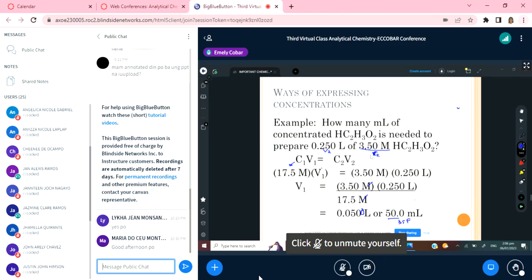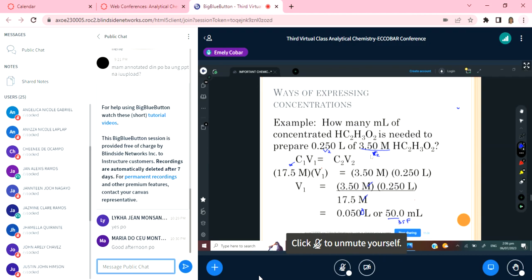0.0500. May zero pa ha? Liter. Okay? Bakit may zero pa? Kasi three significant figures, 1, 2, 3, 1, 2, 3. So, our final answer must have three significant figures in liter. Okay? Makuha mo sa ano, 0.05 or 50, kailangan dagdagan mo ng isa pang zero. Para this now, it means three significant figures. Okay, so pwedeng yan ang sagot mo.